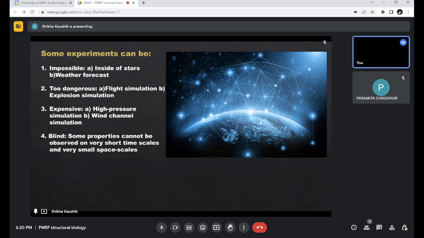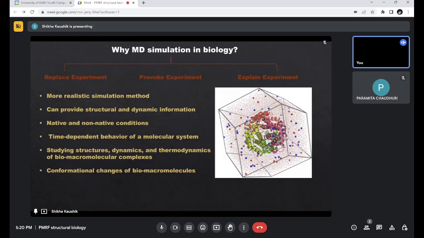So these are the things. There are certain limitations, but definitely molecular dynamic simulation is something we really want to understand. We really want to use it to understand the systems and processes that are present or happening around us. So if I divide, why do we need to simulate all this, and especially when we are talking about biology?